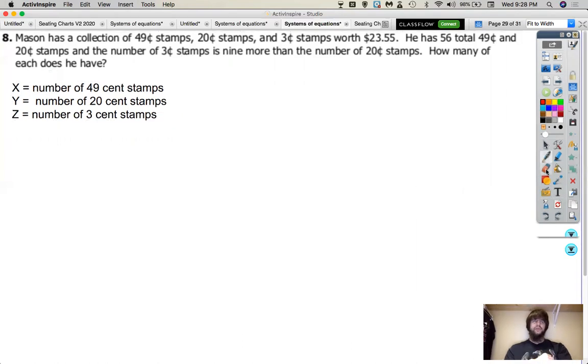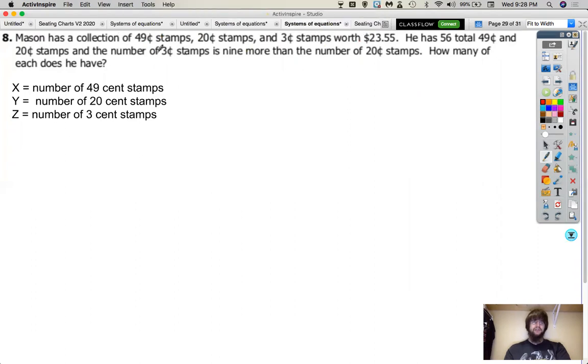So now we've got to read and interpret what it's saying. It's worth $23.55. Now I'm assuming they're not collector's editions or anything worth extra money, so we'll take them at face value. So these are cents, that's dollars.